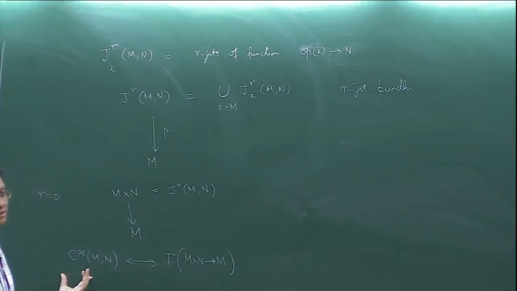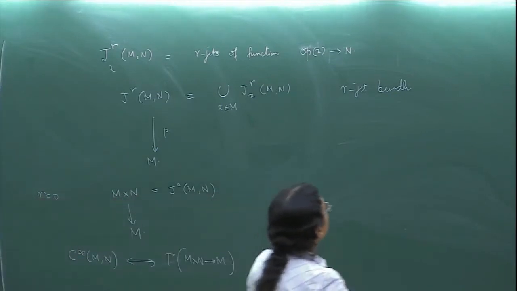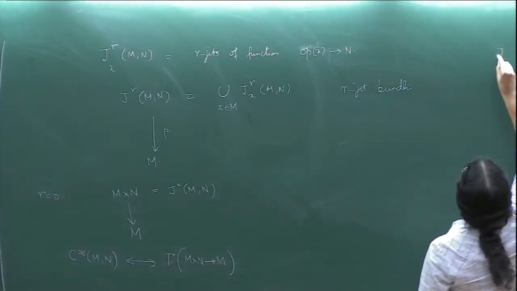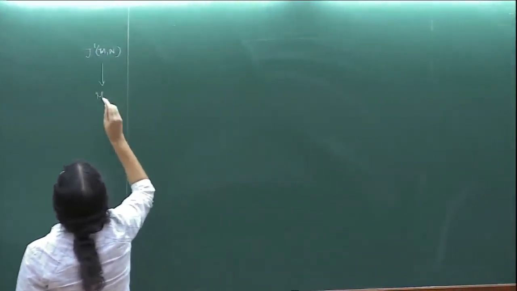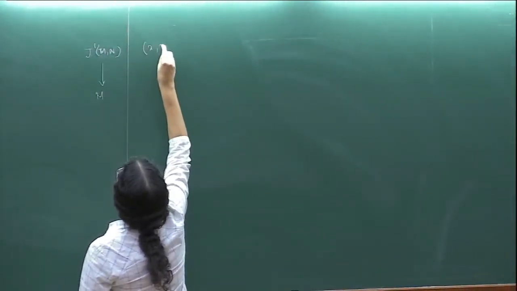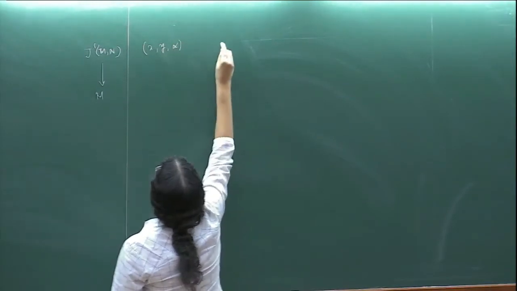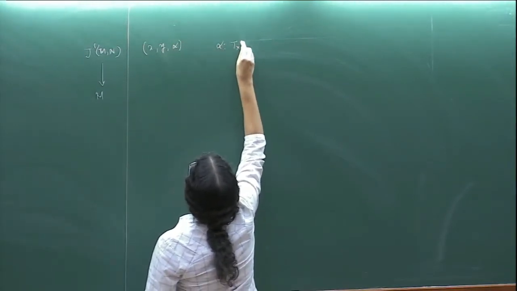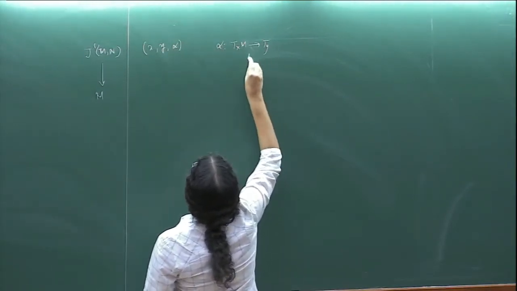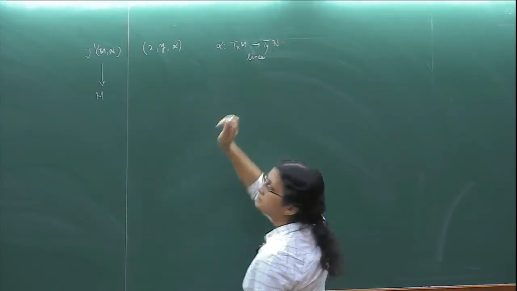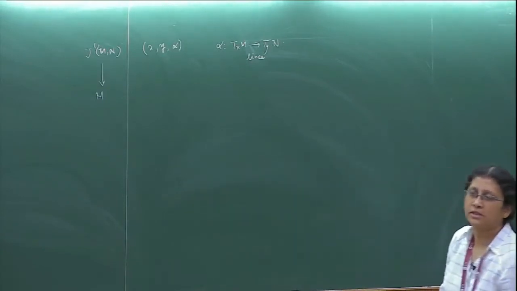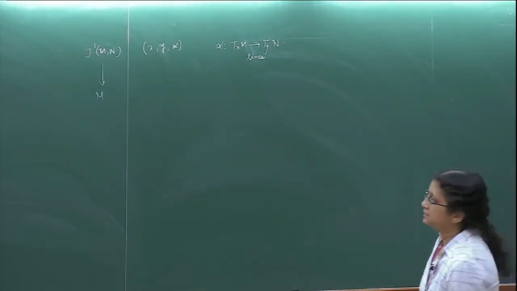But we'll write C infinity M N. So this is the structure, but let us only concentrate on J1 M N, which is a bundle over N, and an arbitrary element is like this, where alpha is a linear map from T_y N. So just formally think of this as this.